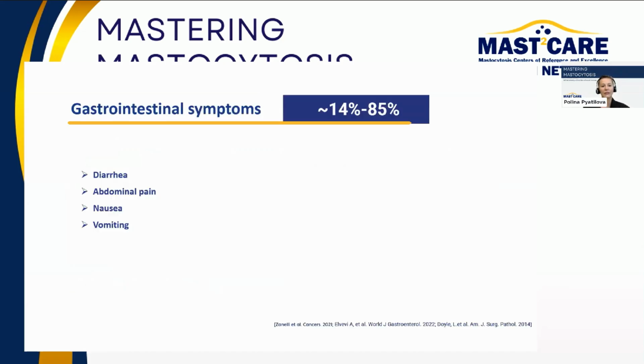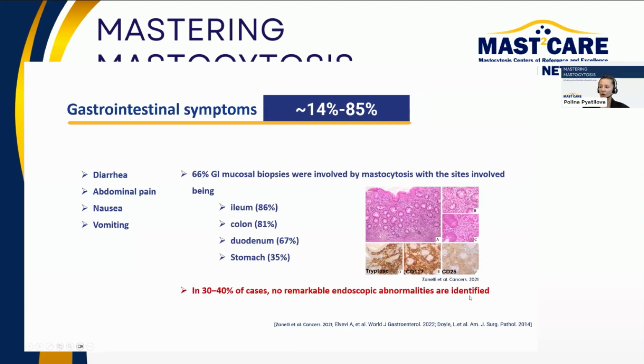And finally, gastrointestinal symptoms. In different studies, different frequencies were mentioned. The patient could have diarrhea, abdominal pain, nausea, vomiting. This study also showed that in the ileum there was the largest amount of these neoplastic mast cells.